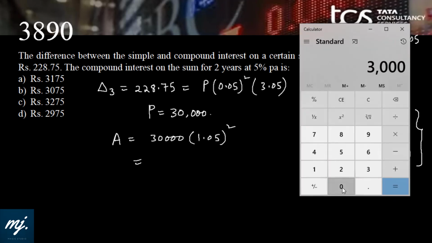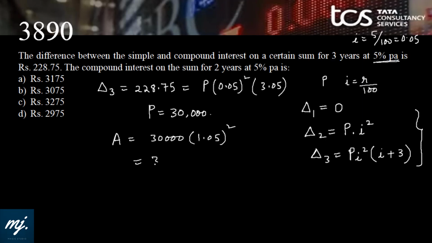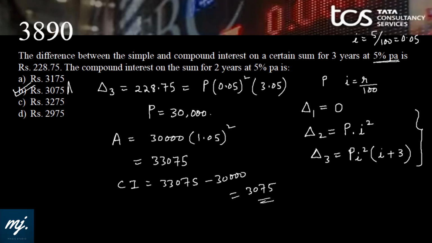So 30,000 into 1.05 into 1.05 gives 33,075. That means the compound interest is 33,075 minus 30,000, that is 3,075. And it is in option B.